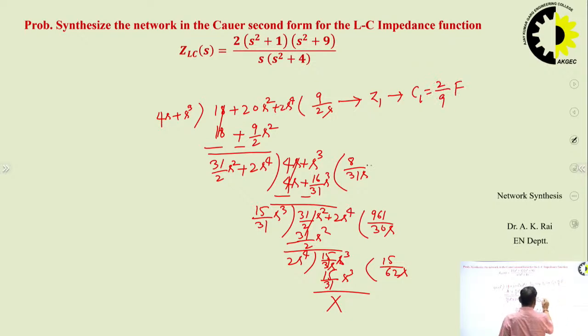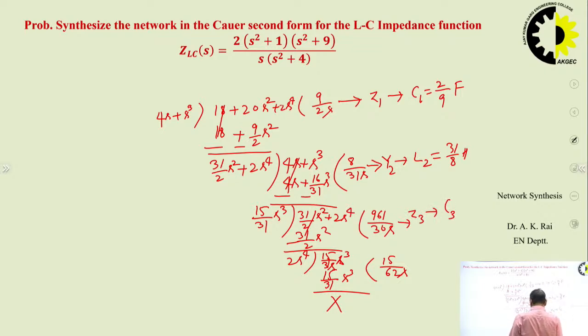Then this is your Y2, means it is capacitor, then we have the inductor. So it is 31 by 8 Henry. Then this is your Z3, so this is your C3.